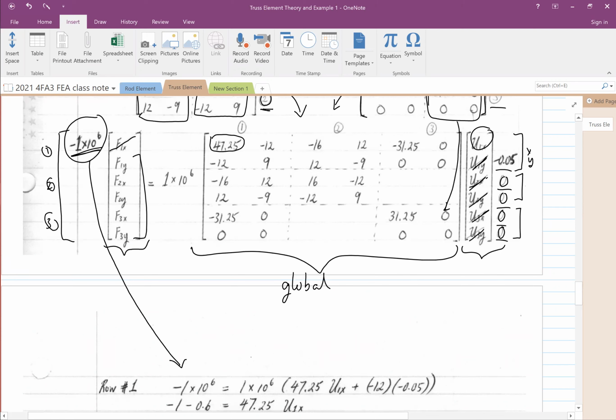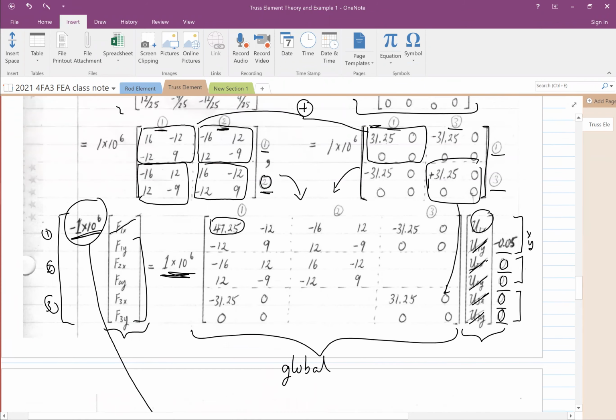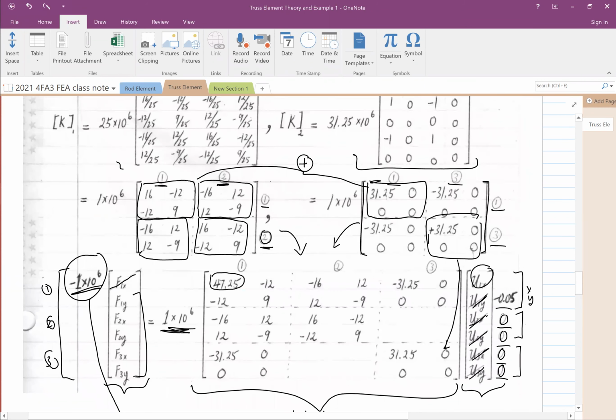We multiply the scale factor. Oh, by the way, one thing I forgot. If you add 2 matrices together, make sure they have a common scale factor. Matrix is like a bracket. If you don't have a common scale factor, it won't work.